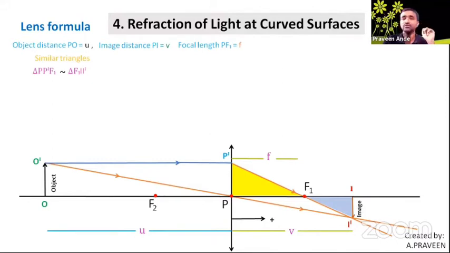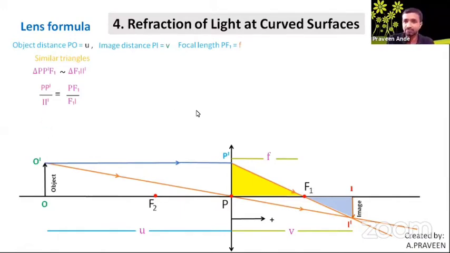So that ratio, PP' by I', is equal to the ratio of the corresponding sides. The other pair which makes the right angle is the base. So we can write PF1 by F1I.